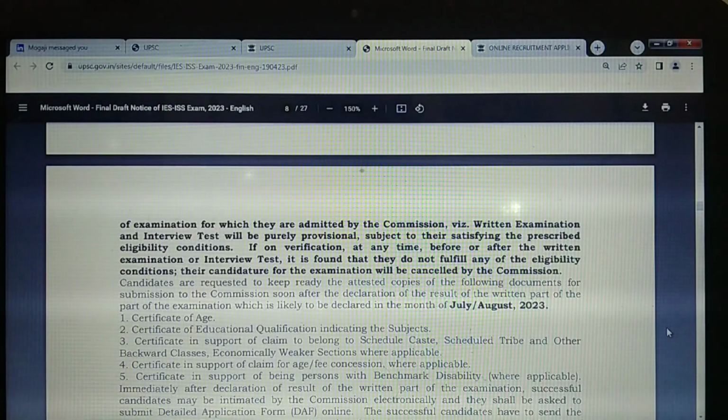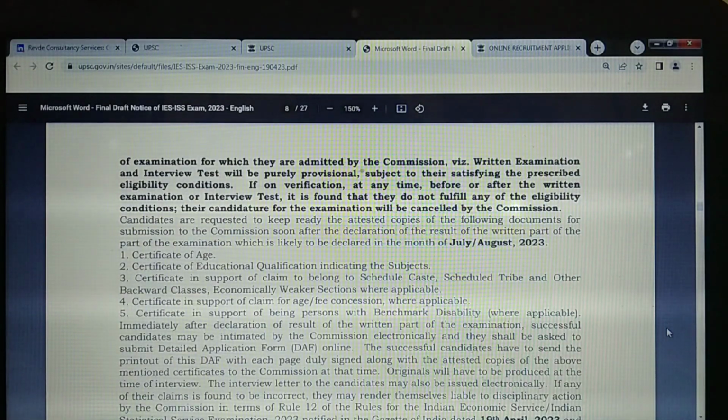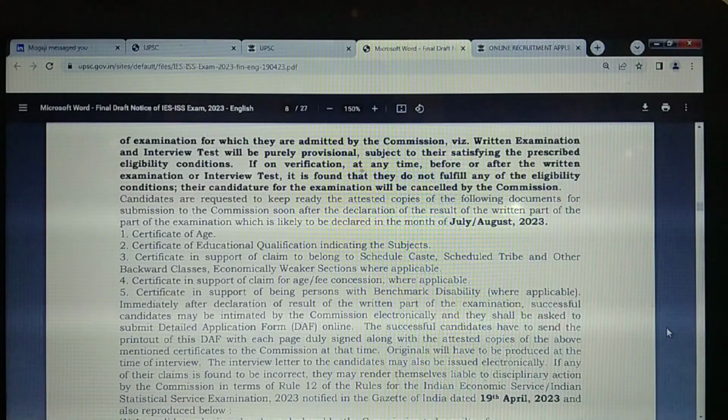You must keep these documents ready before applying: the certificate of age, the certificate of educational qualification indicating the subjects, the certificate in support of the claim to belong to scheduled caste, scheduled tribes and other backward classes, economically weaker sections where applicable, the certificate in support of the claim for age or fee concession where applicable, and the certificate in support of being a person with benchmark disability.